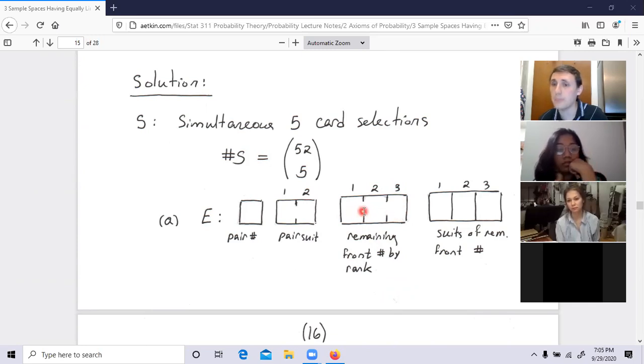Because if one number appears twice, then I have more than 1 pair. So here I put the remaining 3 numbers, and here I have the suits: 1st suit, 2nd suit, 3rd suit, right? This is the suit of the smallest number, the suit of the middle number, and the suit of the largest number. You see that if I file this information, it will give me full information about the cards that I selected. Is that clear?